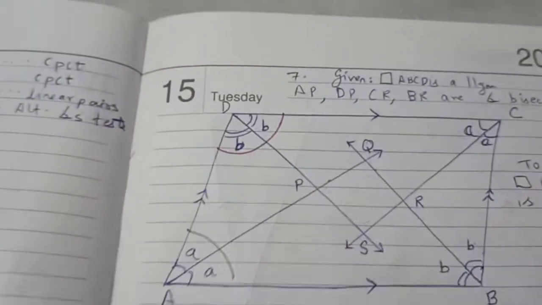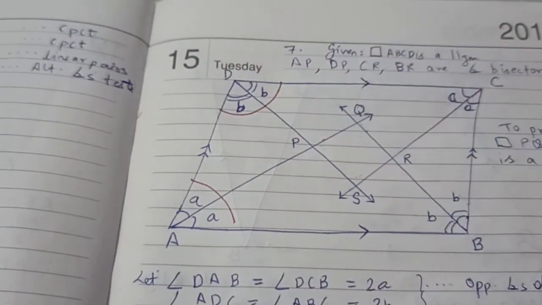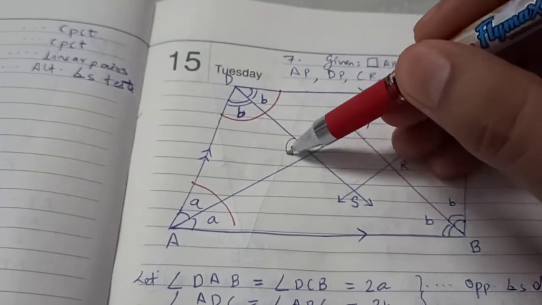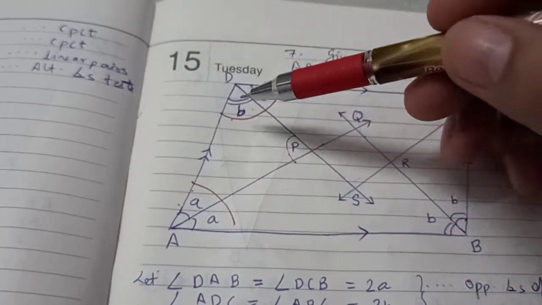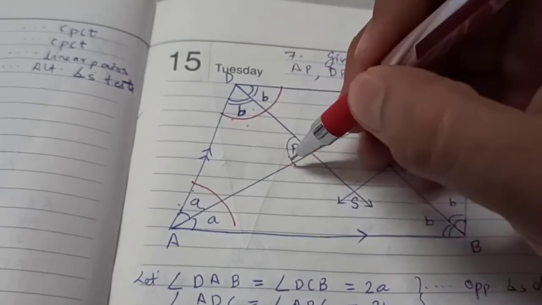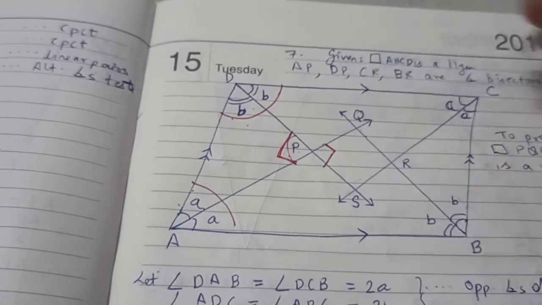Now, in triangle APD, if I use angle sum property, then that means angle P plus A plus B is totally 180. But out of that, A plus B is 90. That means P is also 90. That means vertically opposite, even this is 90.